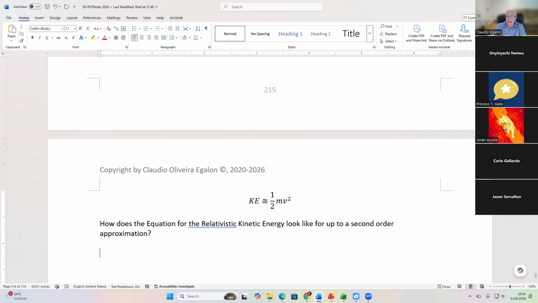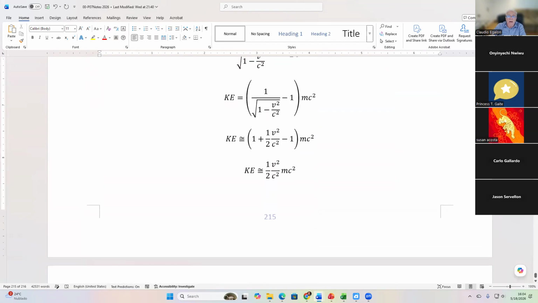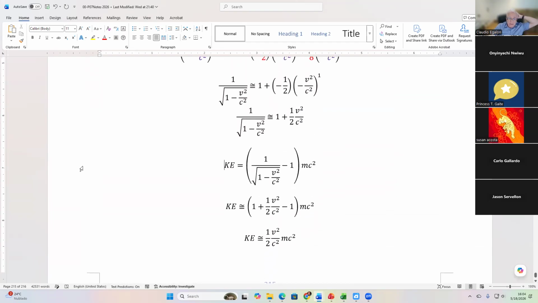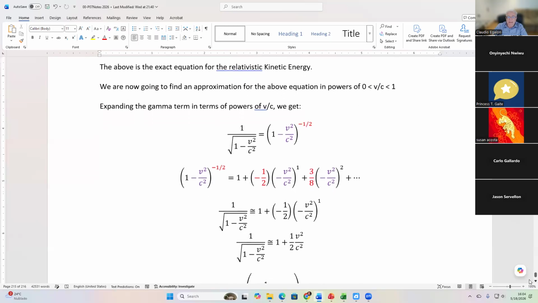So we're going to use that approximation that you saw. We're going to use this equation, which is the exact value for the kinetic energy.